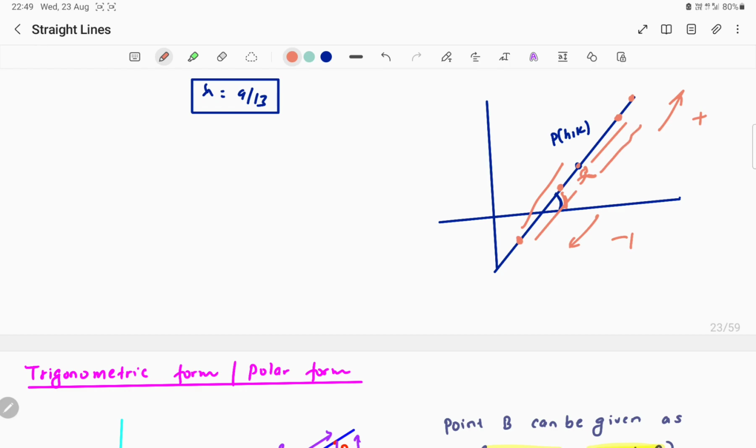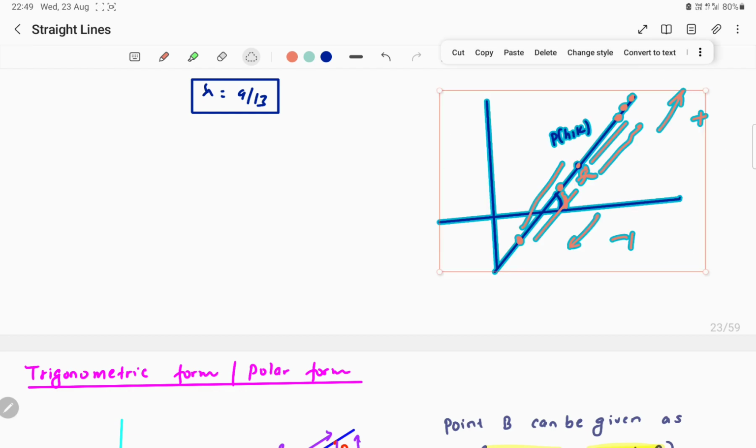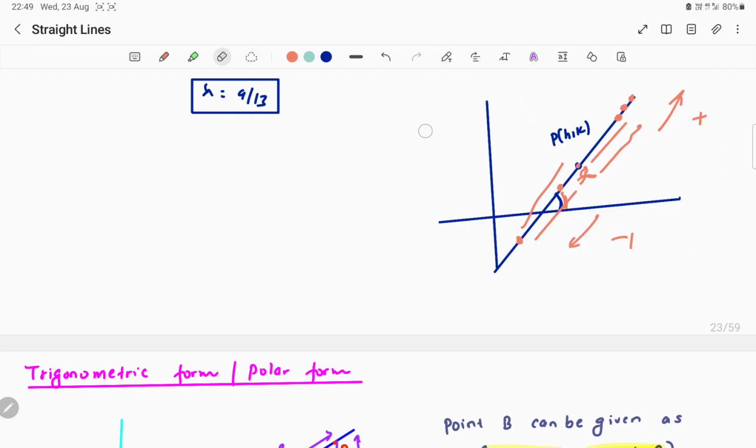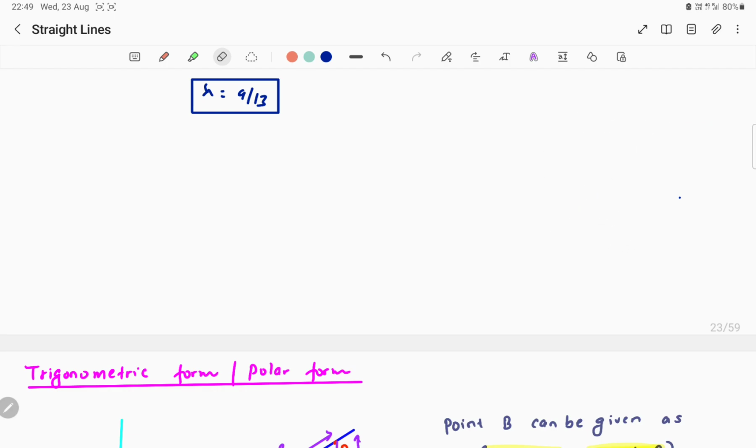Obviously in this direction, the point is over here. I'm saying all this so that you understand that if a point is given and the algebraic distance is given, meaning the sign also, plus or minus, then it will uniquely determine a point on a line.